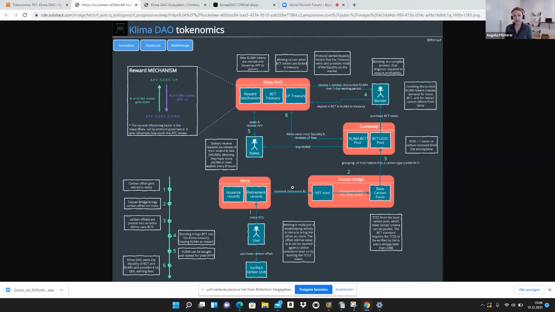So these are projects that are in the real world. With the NFT technology, these projects would come onto the blockchain.